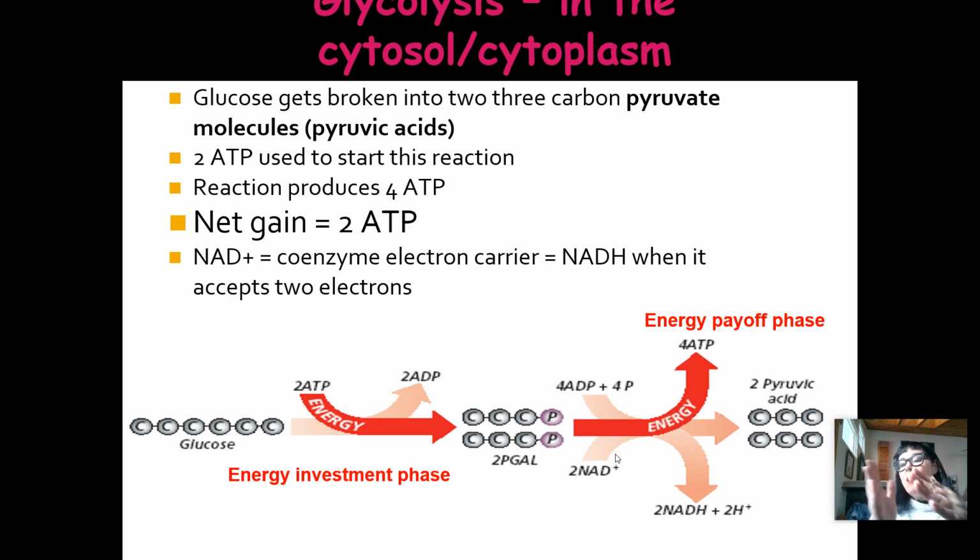So remember, when we do these redox reactions, and this is a redox reaction, the electrons travel with hydrogen. So it forms NADH. And this is going to go to the electron transport chain, and we'll use these electrons later. Now, the 2-pyruvic acids are going to go into ultimately the Krebs cycle, but we have to do the prep step first, but let's not get ahead of ourselves.